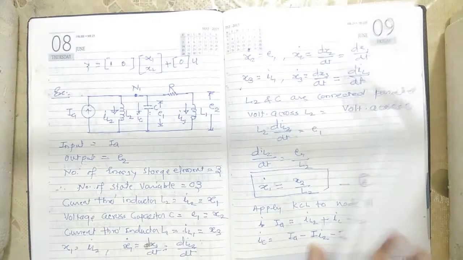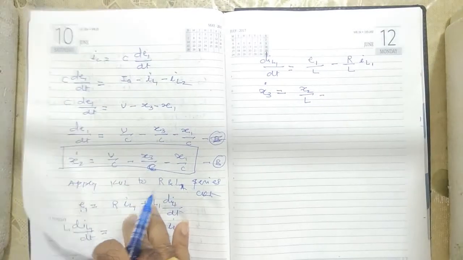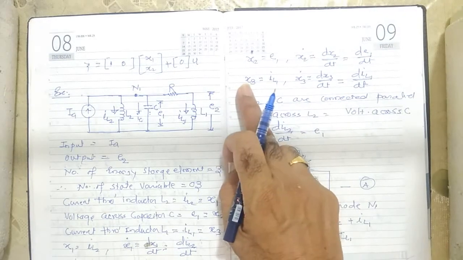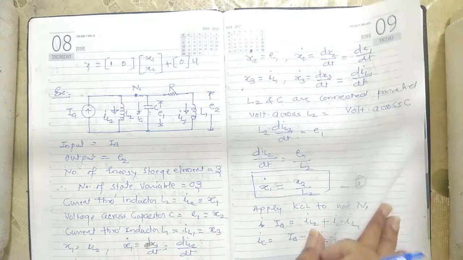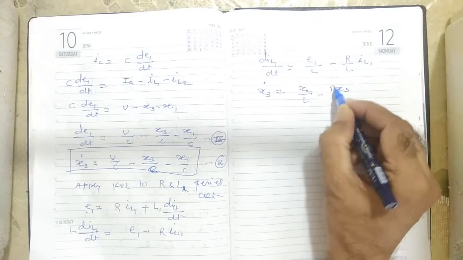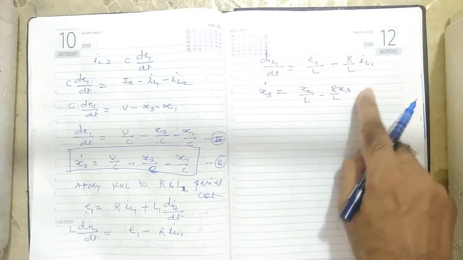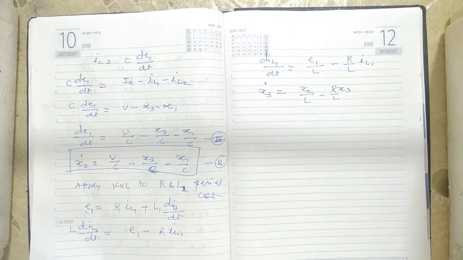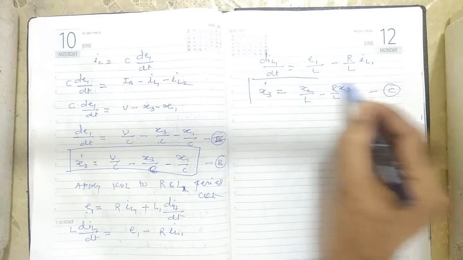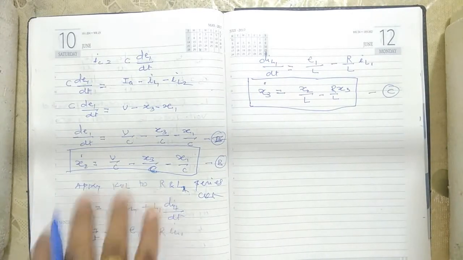E1 is nothing but x2, so we put x2 by L. IL1 is nothing but x3, so we put R by L into x3. So this is my third equation, equation number C.